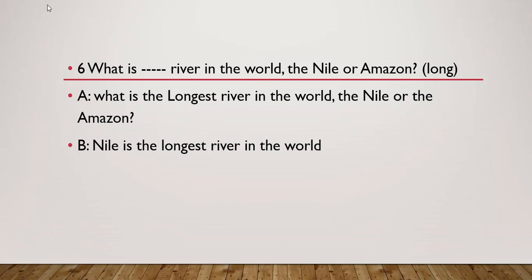There are many rivers in the world, so we cannot use the comparative form. We use the superlative form. So we have, what is the longest river in the world? The Nile or the Amazon? We can see longest here is the superlative form of the adjective long. So Nile is the longest river in the world.